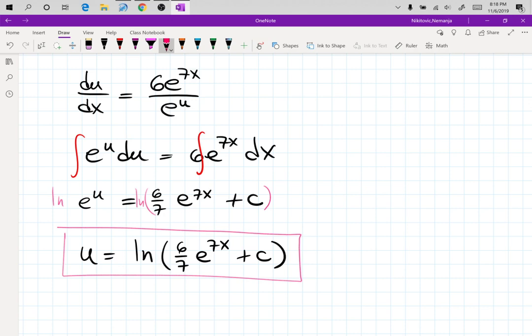Anything else? It's calm. Anything else?